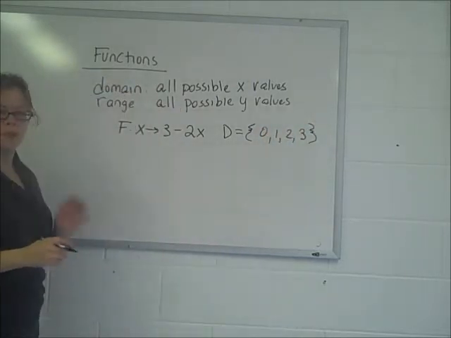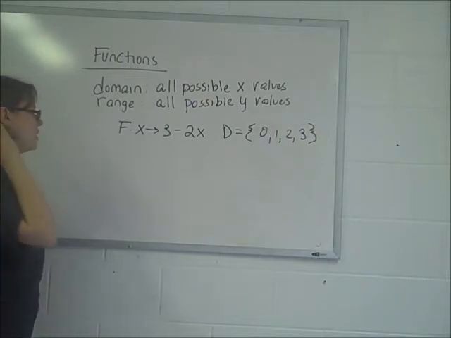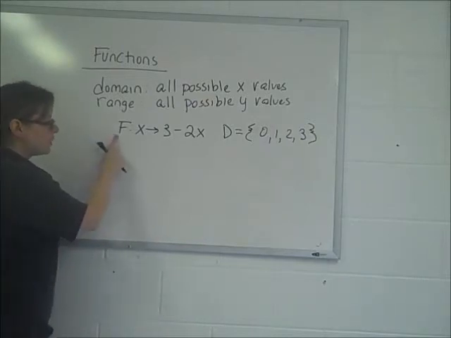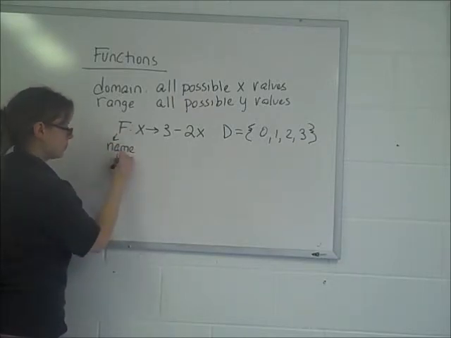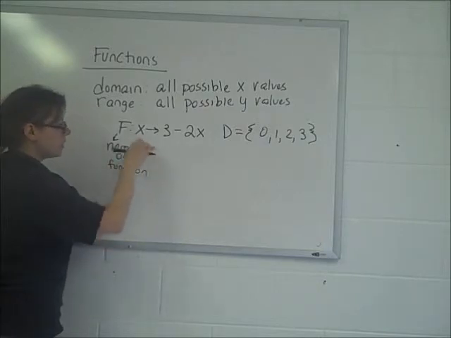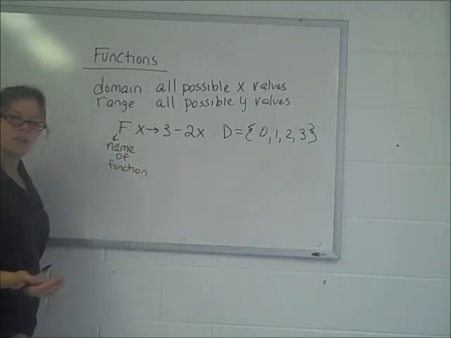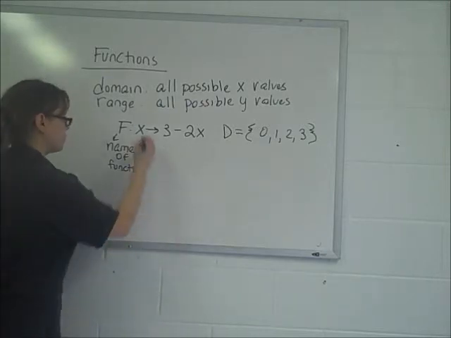This problem looks really complicated, but it's actually really easy. This capital letter here stands for the name of the function. We're going to call this function capital F. The lowercase x tells us what the variable is that we're trying to figure out.